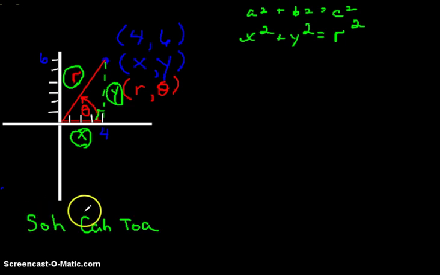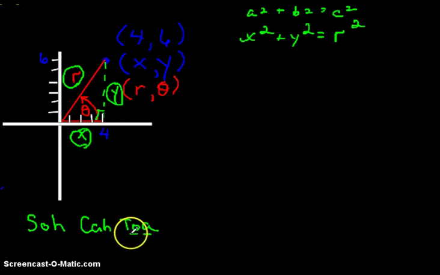And of these three relationships, or ratios I should call them, which one involves the x, the y, and the theta? Well, the y is the opposite, the x is the adjacent. So here is the opposite and here is the adjacent.